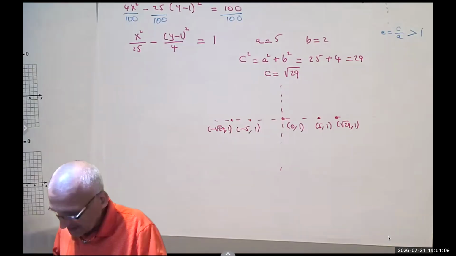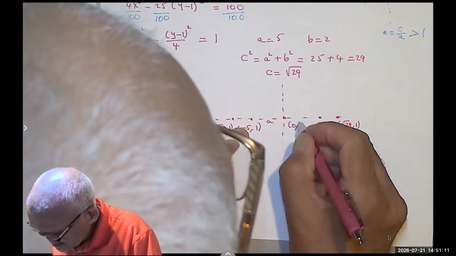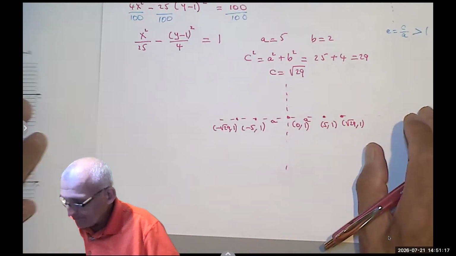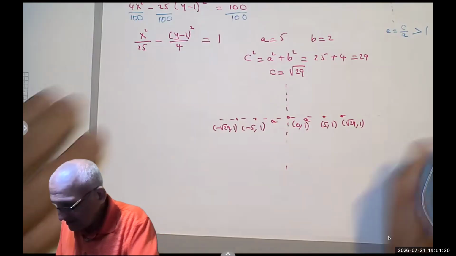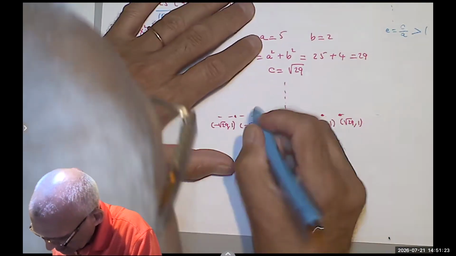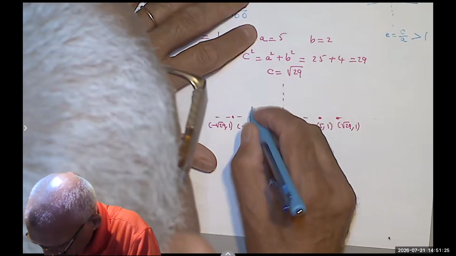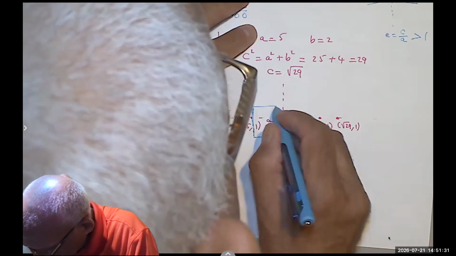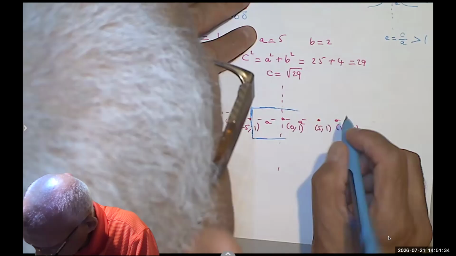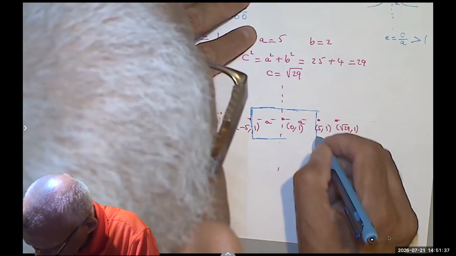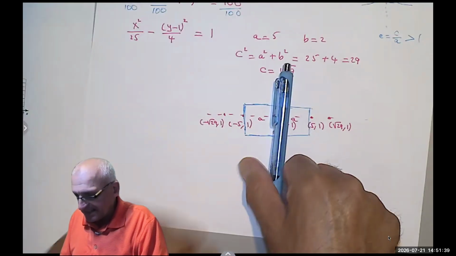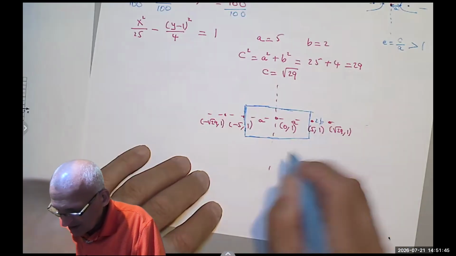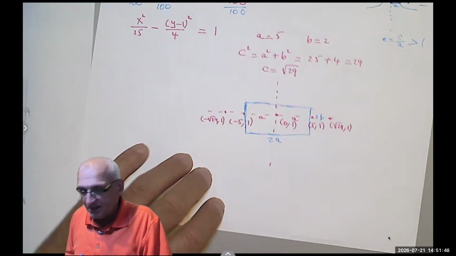In order to find them, since we drew that distance as a and this distance as a, I'm going to draw a rectangle in such a way that it's not drawn to scale at all, because that would be exactly in the middle. That distance is 2b, because this is a, and this distance is 2a.